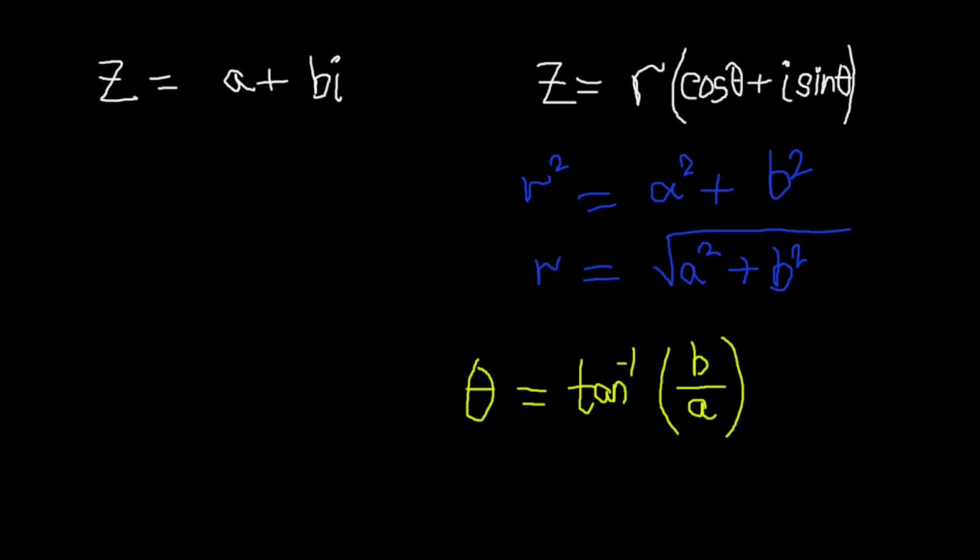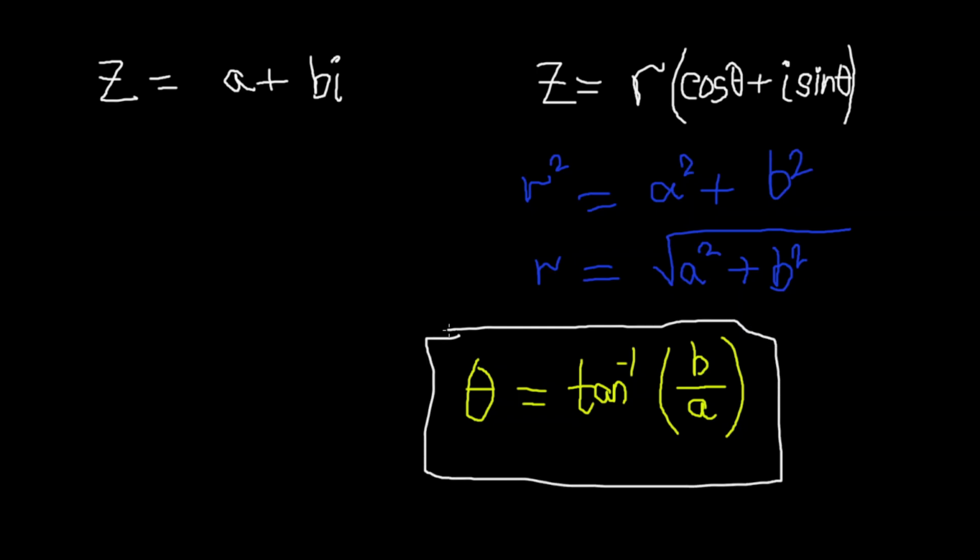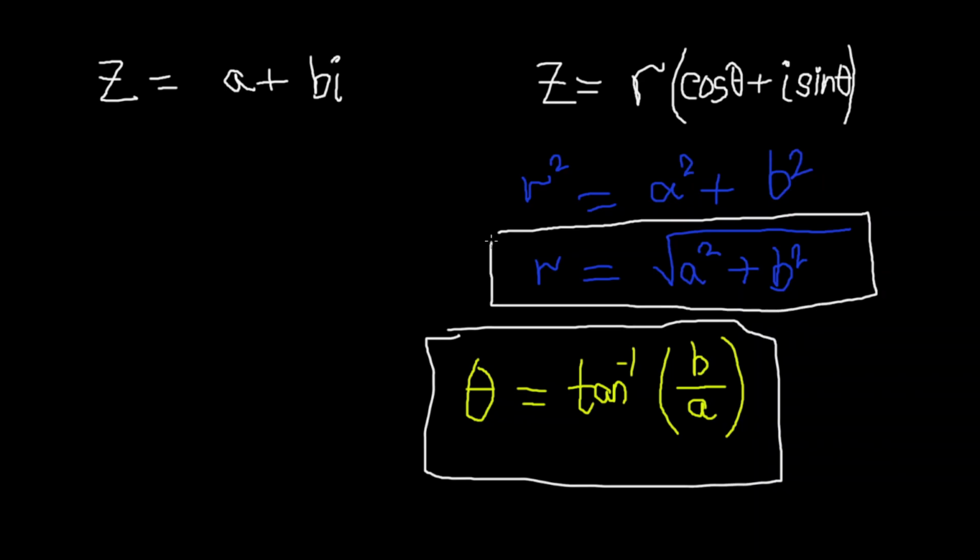So these are the formulas that you will need to convert an imaginary number into polar form. If you want to know how you derive these formulas, you can check my video in the description.